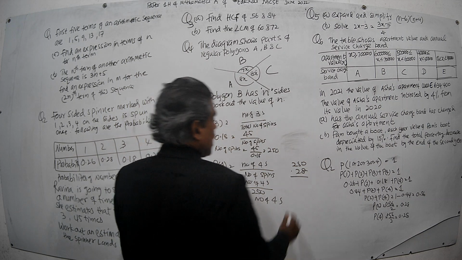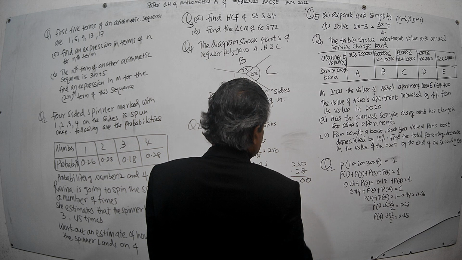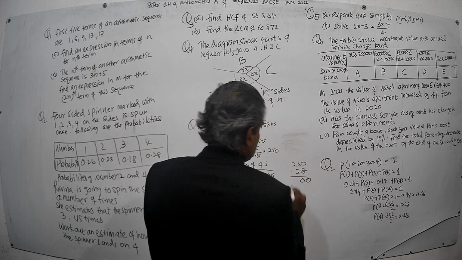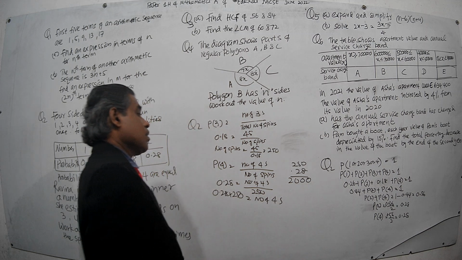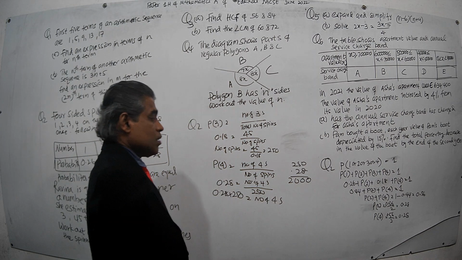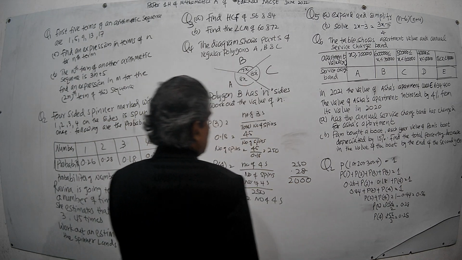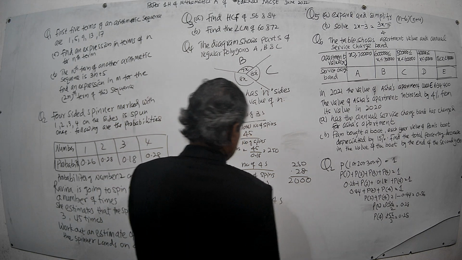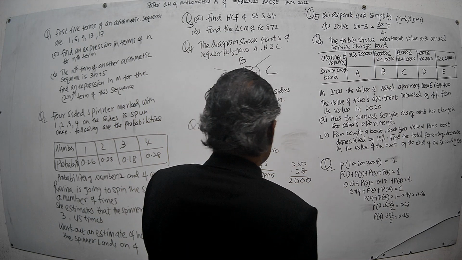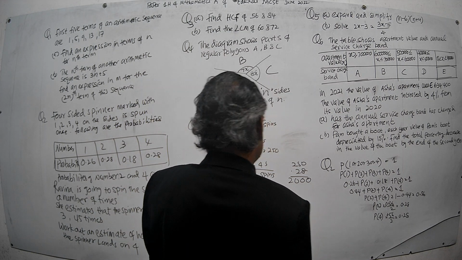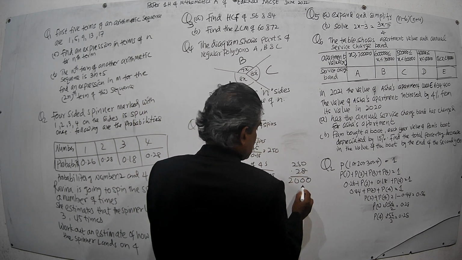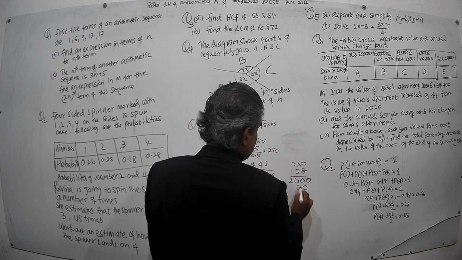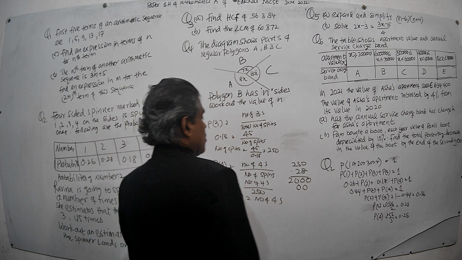Then 8 times 0, 8 times 5, 40, 4, like 8 times 2, 16 plus 4, 20. Then 2 times 0, 2 times 5, 10.